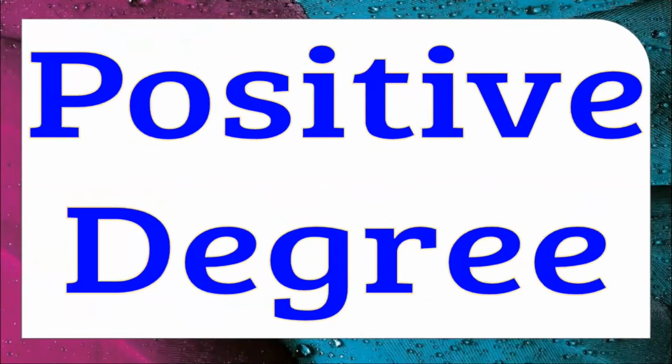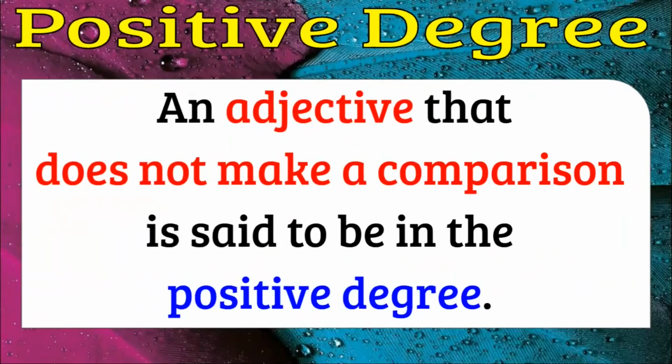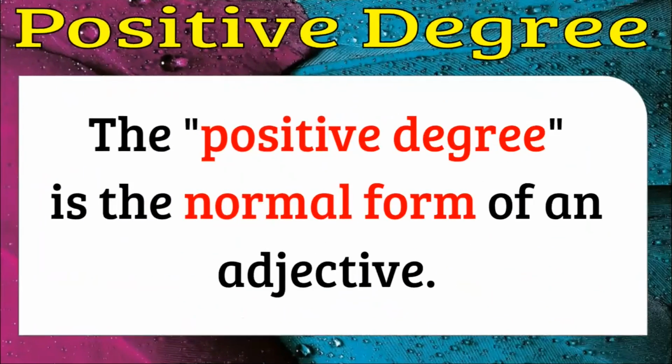Let's talk about positive degree. An adjective that does not make a comparison is said to be in the positive degree. The positive degree is the normal form of an adjective.